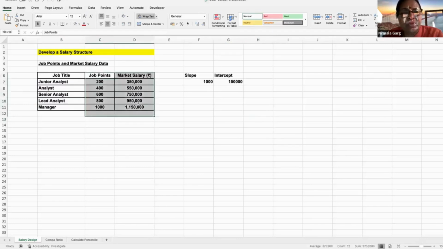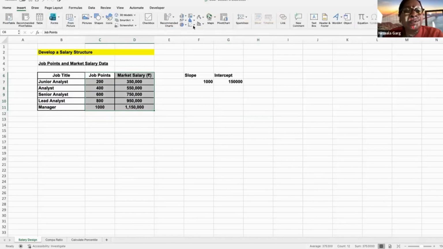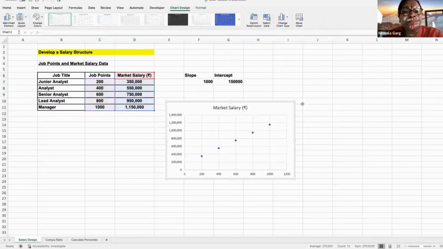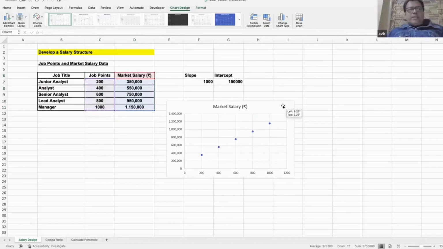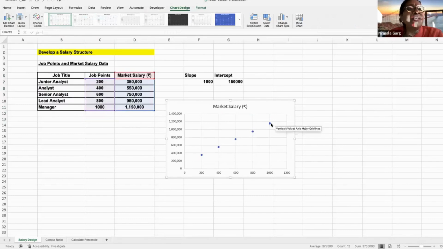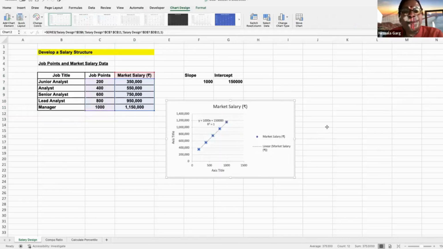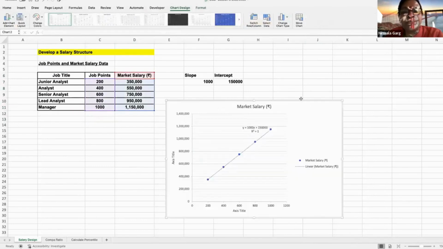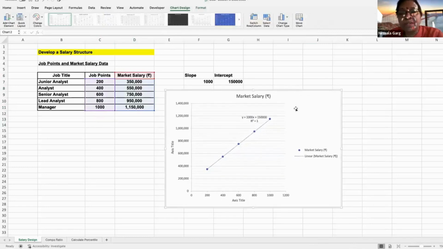Just select only the data, not those words. Then click on any job point. Under the quick layout, go to the one with the formula. Make it a little bigger and check whether the same thing has come. Absolutely, it has come, right?